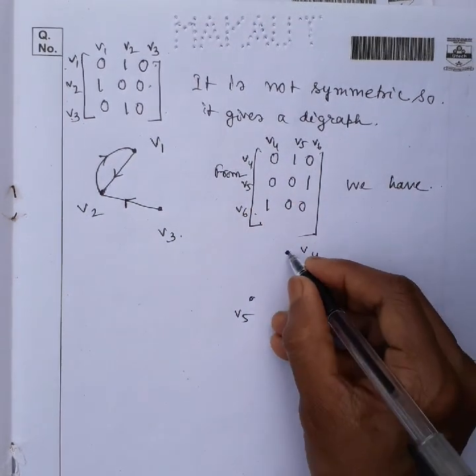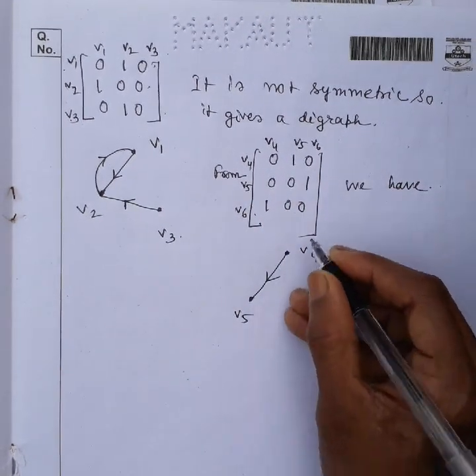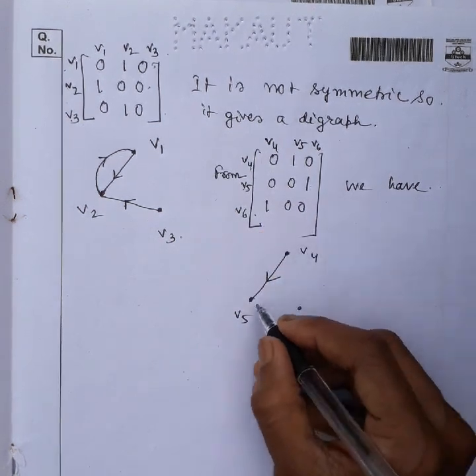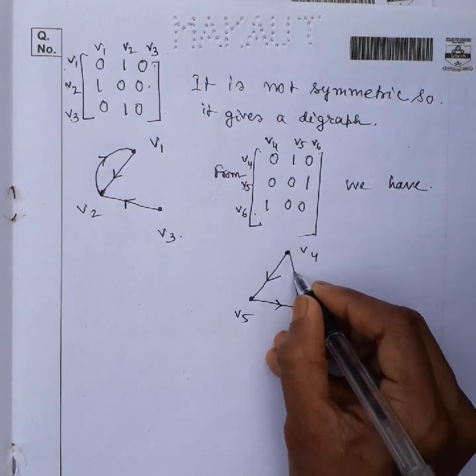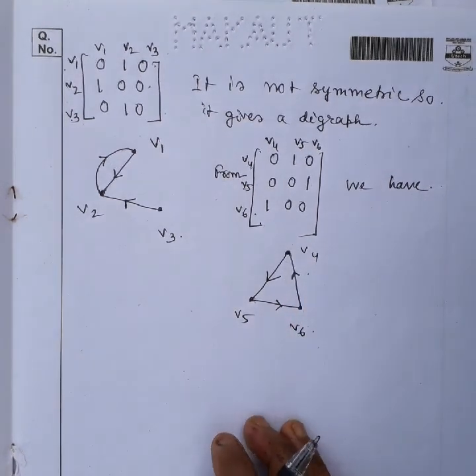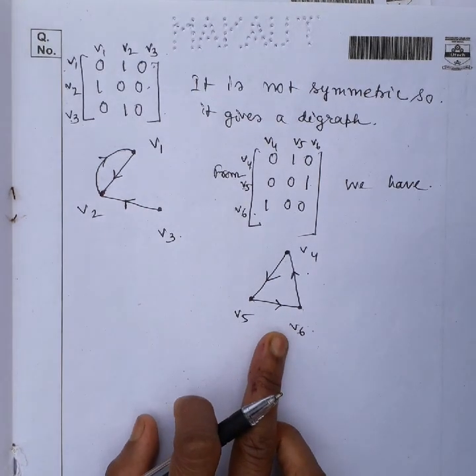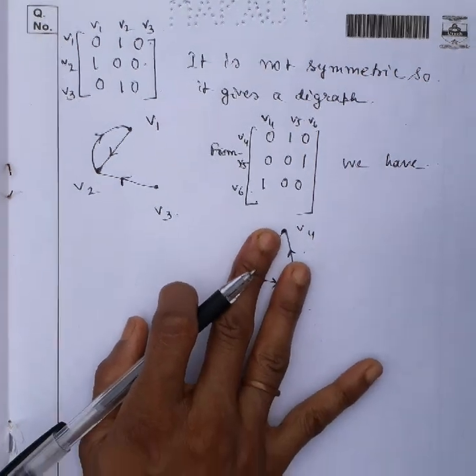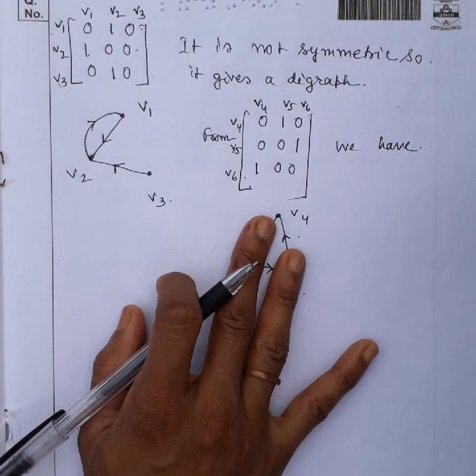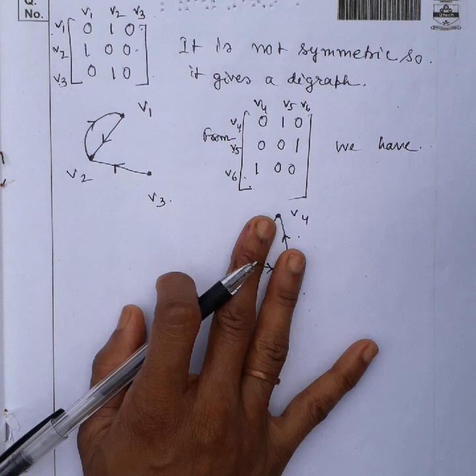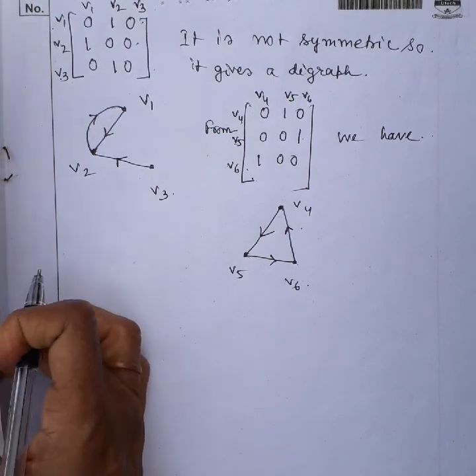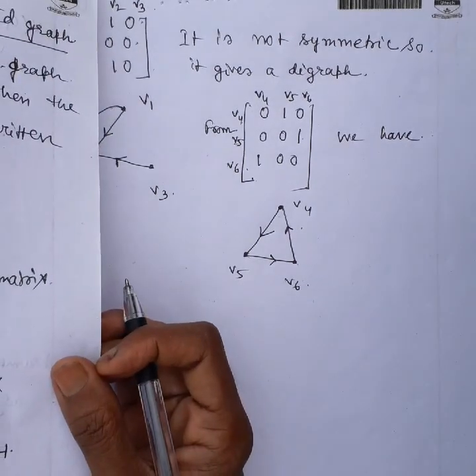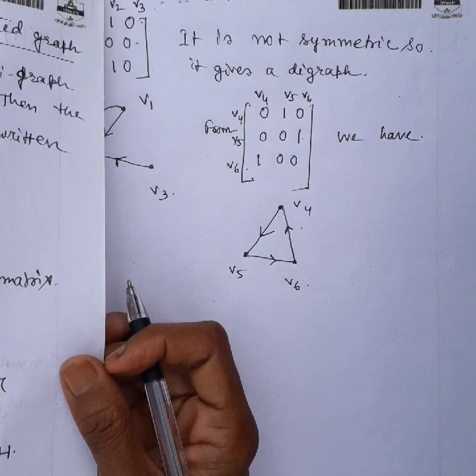V4 is connected to V5, V5 is connected to V6, and V6 is connected to V4. So these are the two blocks of the total graph. That means it is a disconnected graph. Using the adjacency matrix, we can also prove that two graphs are isomorphic.